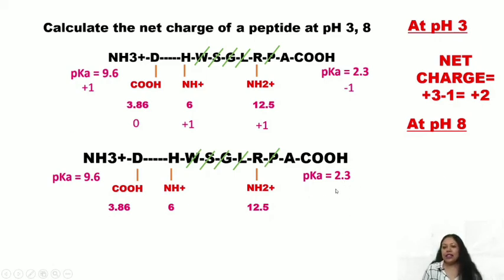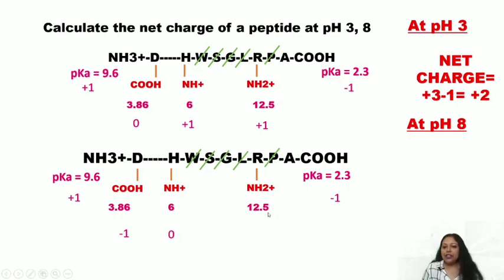2.3 is much less than 8, which means it will lose its proton. 9.6 is higher than pH 8, which means it will hold its proton, which means +1. 3.86 is much less than pH 8, which means it will lose its proton, which means -1. 6 is less than pH 8, which means it will also lose its proton, and a deprotonated amine means 0 charge.